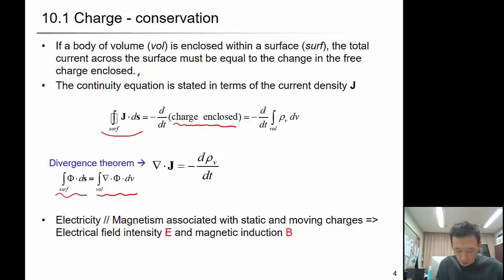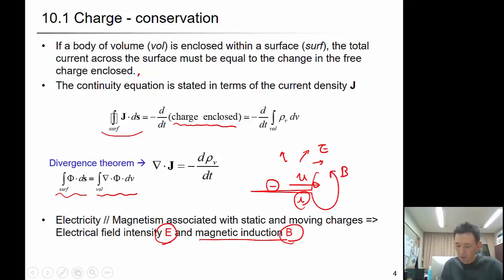Electricity and magnetism are associated with static and moving charges, which cause the electric field intensity E and magnetic induction B. It means that if you have moving charges with some velocity, it creates the current and the electric field E, and at the same time it creates a kind of magnetic force called magnetic induction.